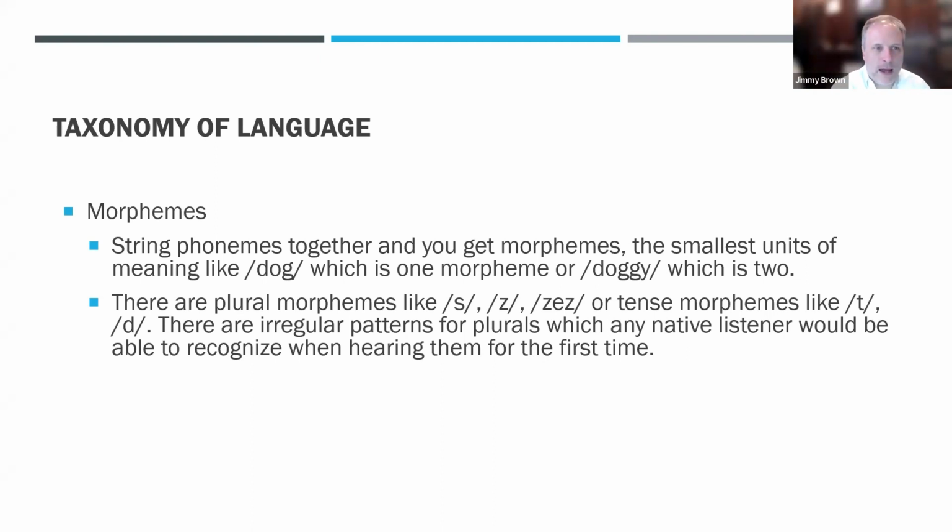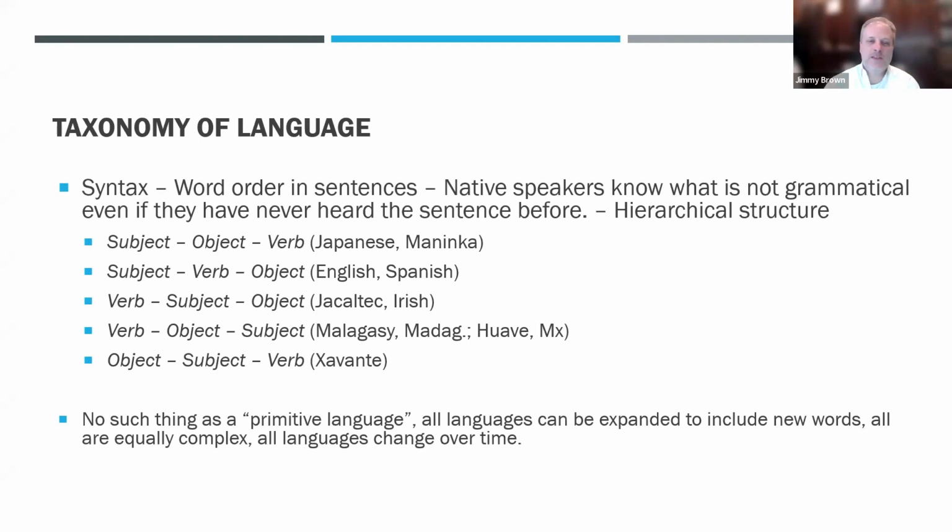When we think about the syntax, this is the order things go in. So for example, in Japanese, it's subject, object, verb. In English and Spanish, it's subject, verb, object. I ran there. That's also the reason why, when we think about foreign language being taught, say in elementary and junior high school in the United States, Spanish is the most common one, both because it's the second most widely spoken language in the US, and also because the structure is so similar.